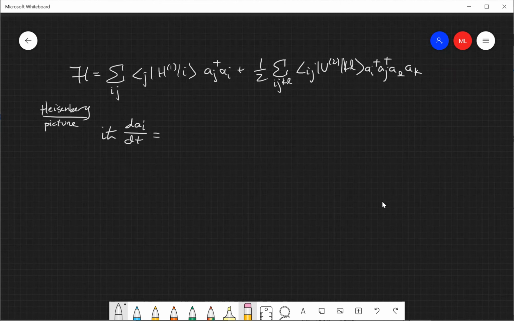It looks like the Schrodinger equation: i hbar times the change in time of the annihilation operator is just the commutation relation between your Hamiltonian and the operator. That's just the Heisenberg picture equation of motion. And you can show, and this is shown in the homework, that you can do these commutation relations and find an equation of motion that looks like this.